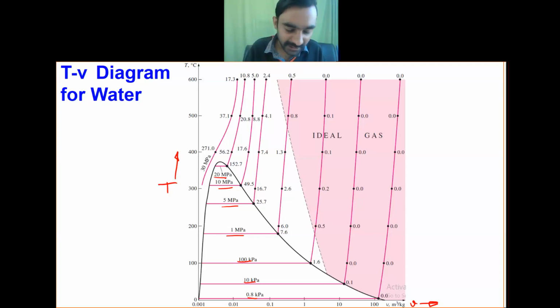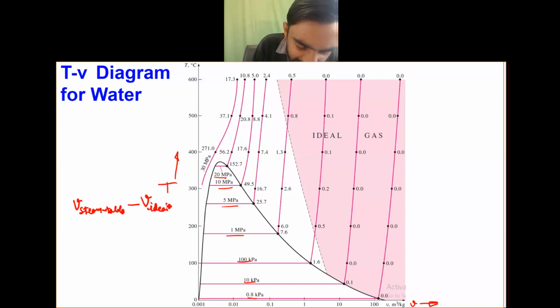I first take the volume from the steam table at a given temperature and pressure, minus the volume obtained using the ideal gas equation, or whatever equation we have just obtained. So the error is V steam table minus V ideal gas, divided by V steam table.